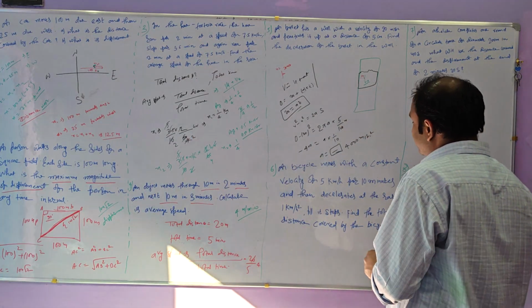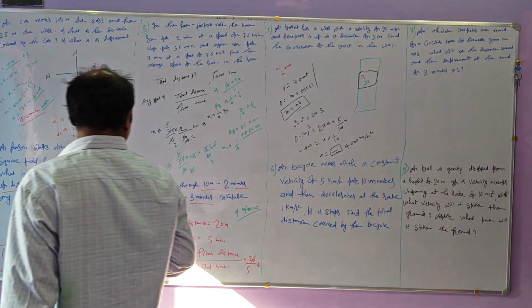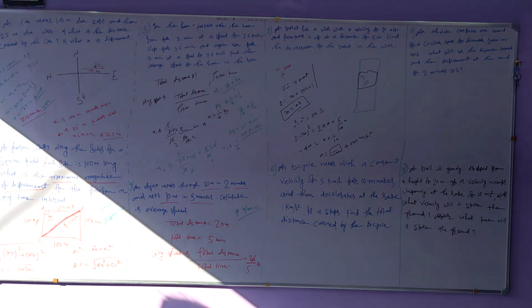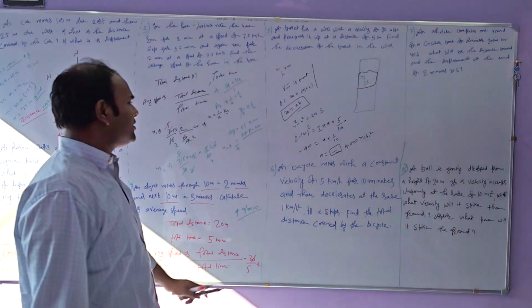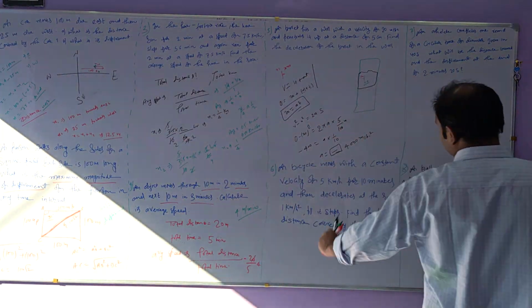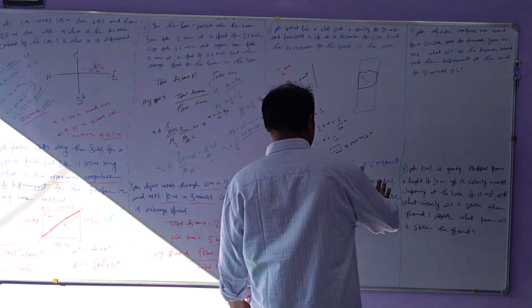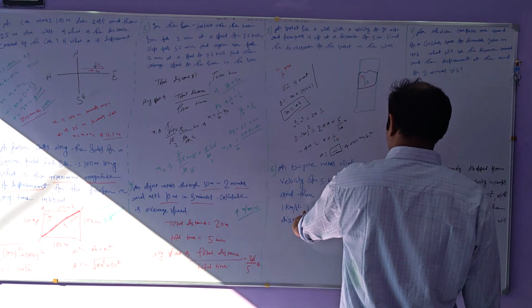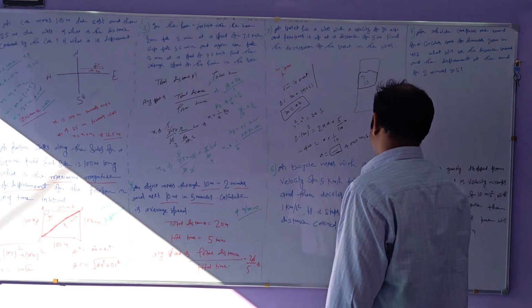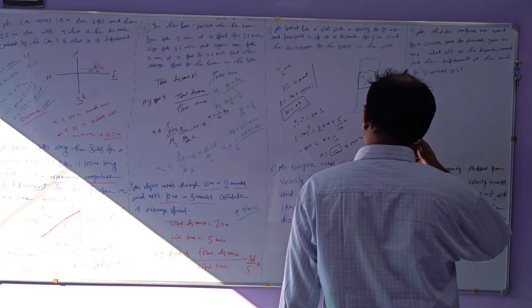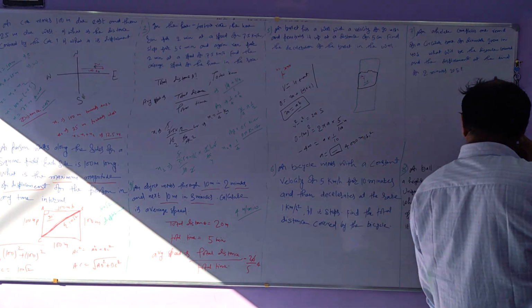A bicycle moves with a constant velocity. And another question: a bicycle moves with a constant velocity of 5 km per hour for 10 minutes and then decelerates at the rate of 1 km per hour square till it stops. Find the total distance covered by the bicycle.